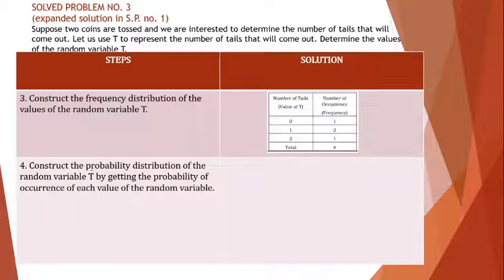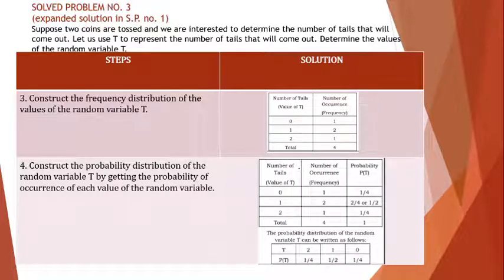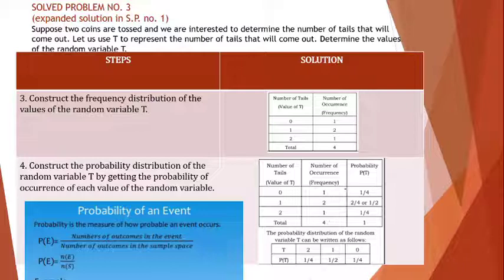Now, construct the probability distribution of the random variable by getting the probability of the number of occurrences of each value of the random variable. As you can see here, this is what we use. How did we get fractions? In probability, you divide the number of events by the number of outcomes in the sample space. How many outcomes are there? Heads-heads, heads-tails, tails-heads, and tails-tails.